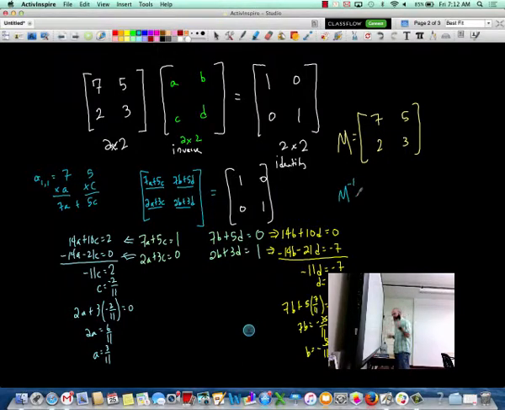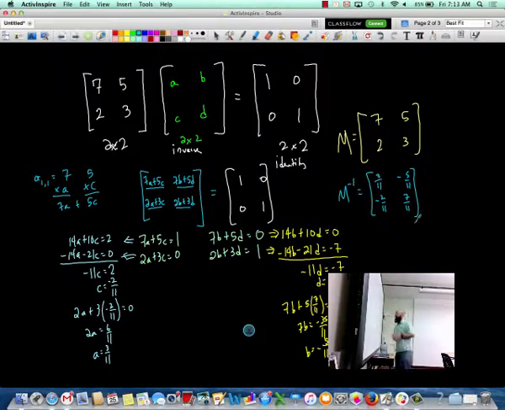It doesn't really mean a negative 1 power here. It means the inverse of this matrix. We've got, a was 3 elevenths, b was negative 5 elevenths, c was negative 2 elevenths, and d was 7 elevenths.